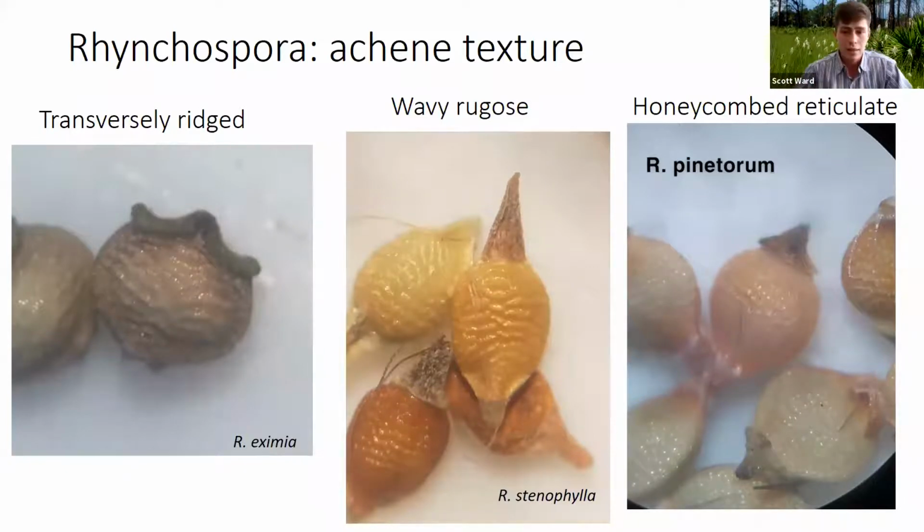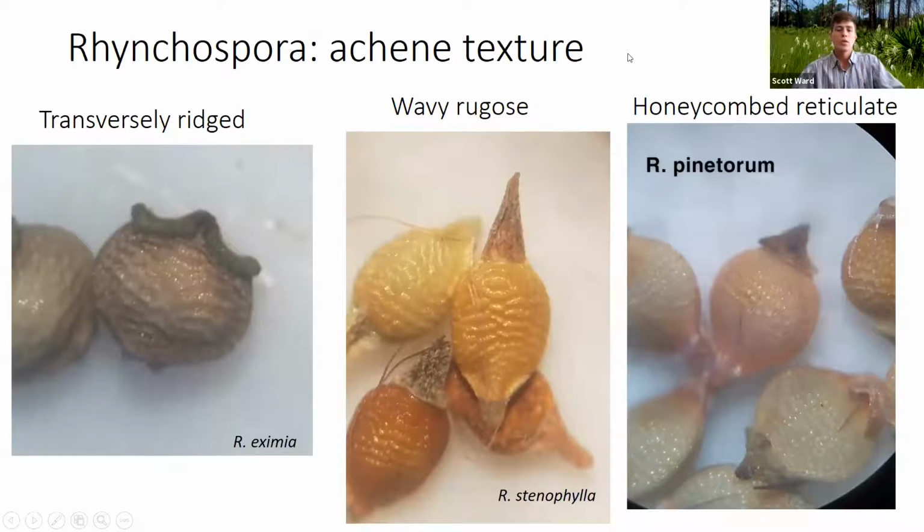But when you're looking at these things in the microscope and keying them out, it's really important to know that those subtle differences can be crucial in figuring out whether you have a species that's really common and kind of weedy, or a species that's potentially very rare and more limited in its distribution, like Stenophila, for instance. And then sometimes some of these patterns are really kind of cool looking, like in Rincospora pinetorum, recognized by some as a variety of globularis, as being kind of honeycomb-like.